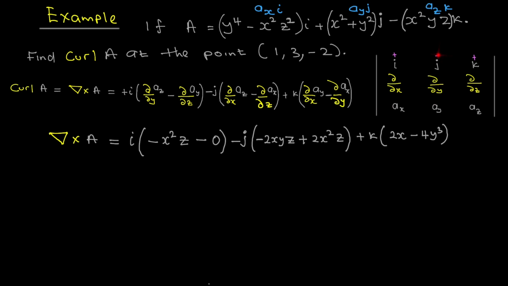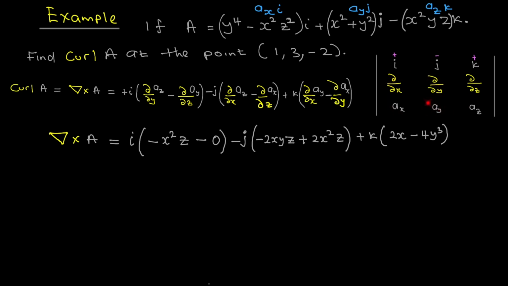And then we look at the j direction, we cross that out, and that's a minus, so we say minus j. Again, partial derivative, we always go from right to left: partial derivative of AZ with respect to x minus partial derivative of AX with respect to z, plus, and now we're looking at k, so we draw a line across there, and therefore we're looking at these two.